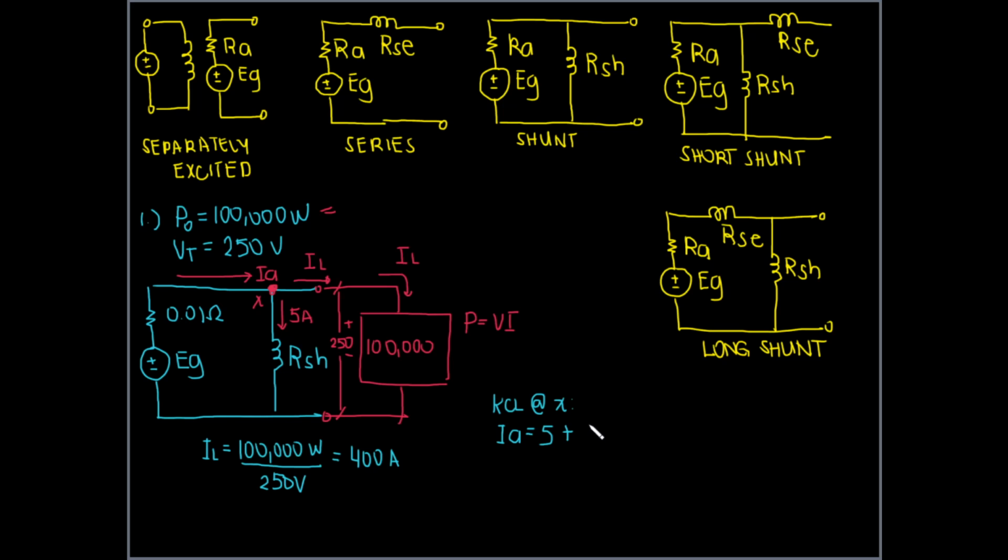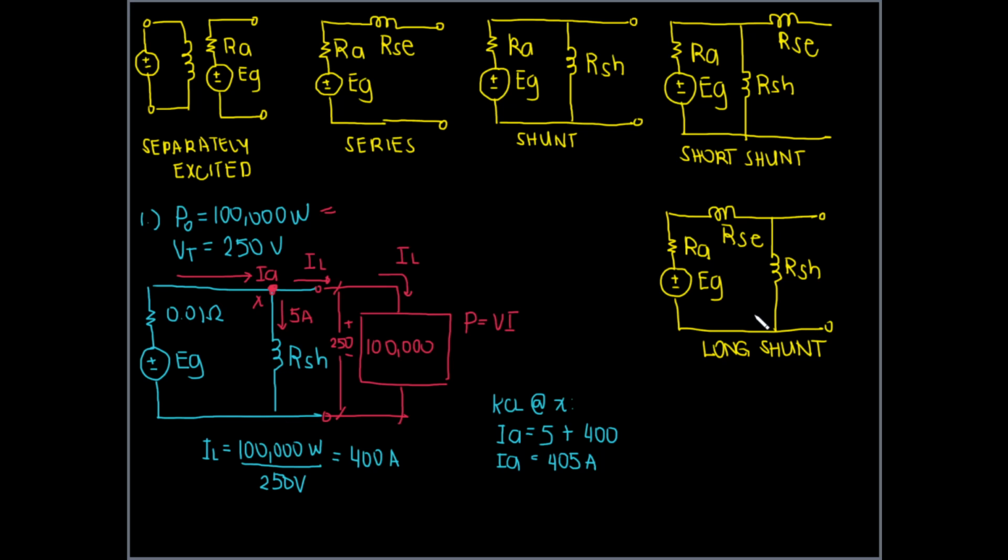IL is said to be 400. So we're going to substitute that already to determine IA. IA therefore is 405 amperes. There. So that is our armature current.